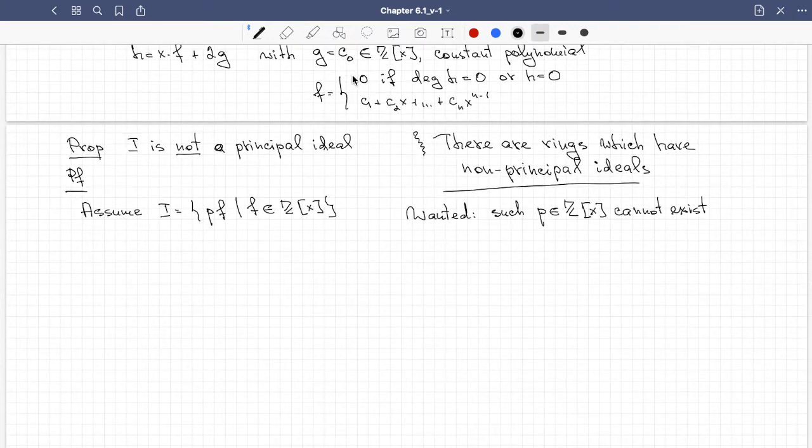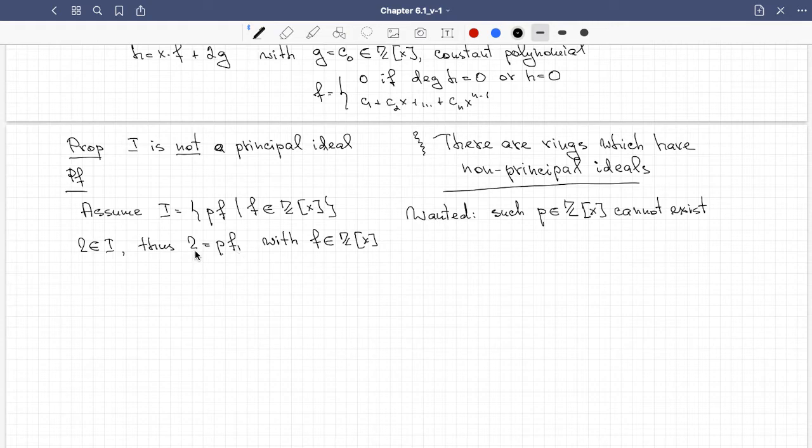So 2 is an element of I. Thus, 2 must be equal to P times f1 with f1 some polynomial, but this is a product of two polynomials.